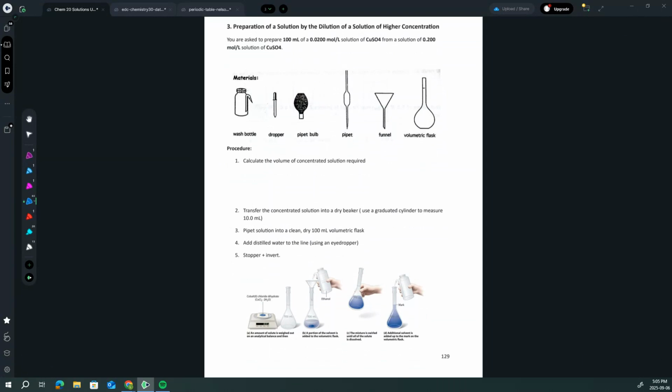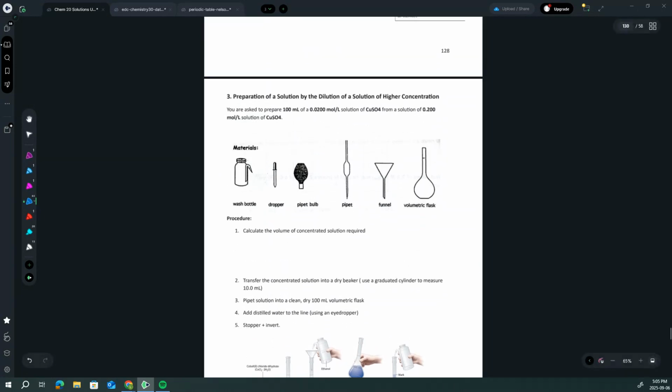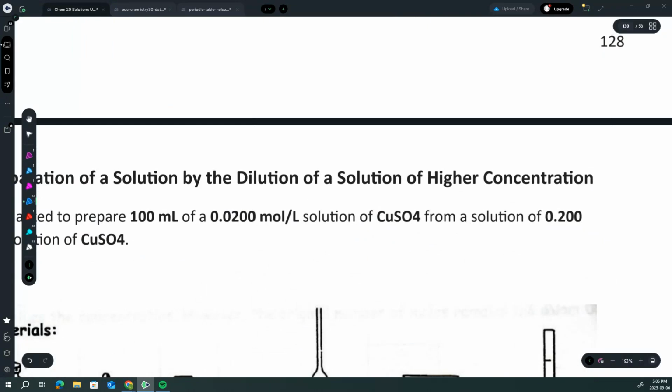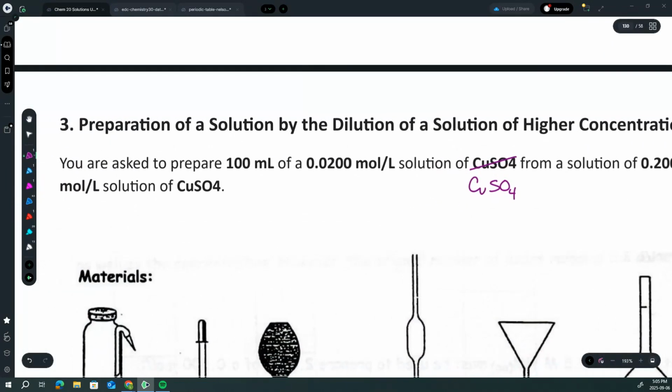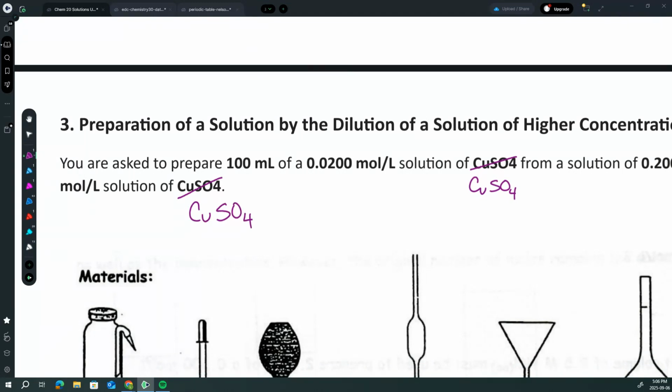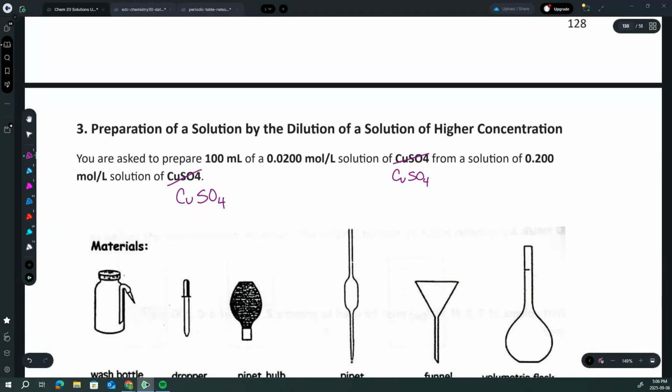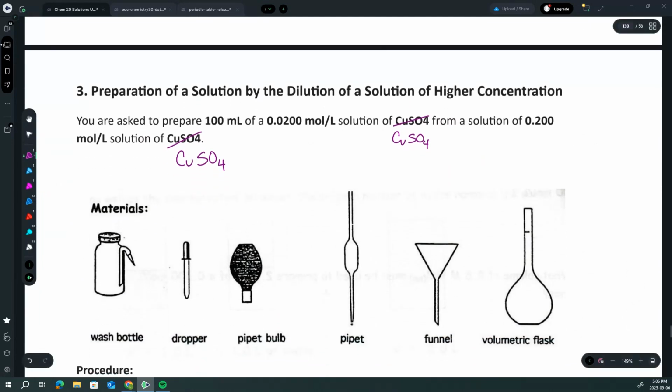You are asked to prepare 100 milliliters of a 0.02 mole per liter solution of, let's correct that, copper 2 sulfate. I'm just adjusting the subscript, from a solution of 0.2 mole per liter solution of copper 2 sulfate.